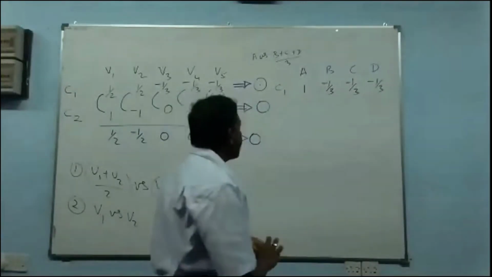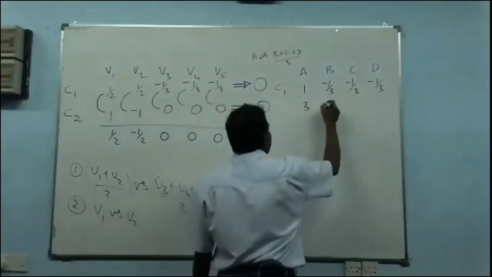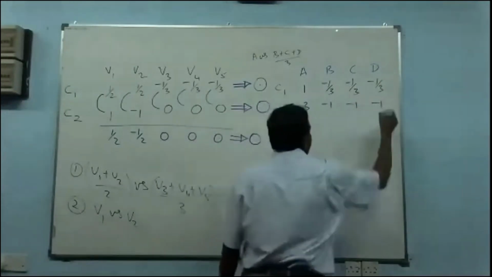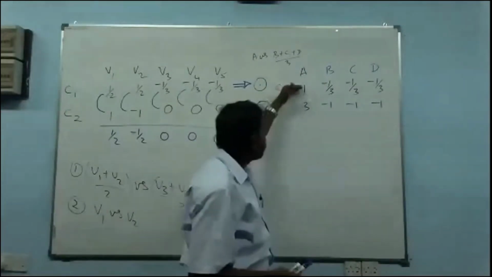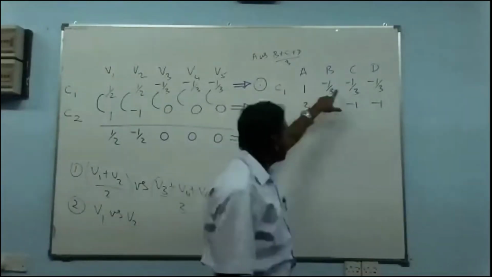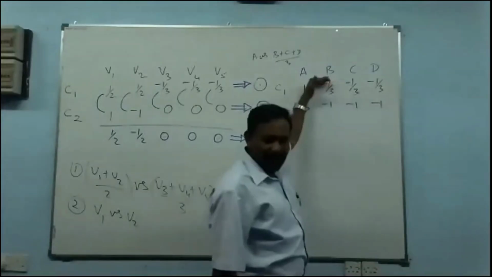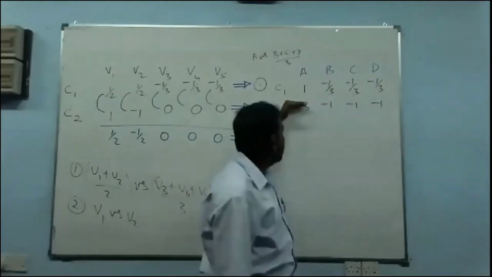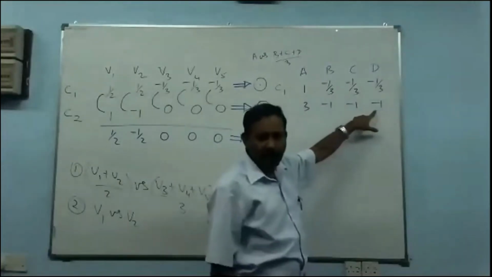If I put the coefficients like this, or instead put 3, minus 1, minus 1, minus 1, is there a difference between these two?